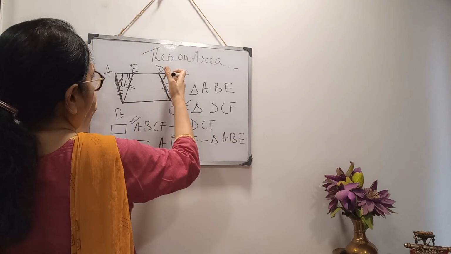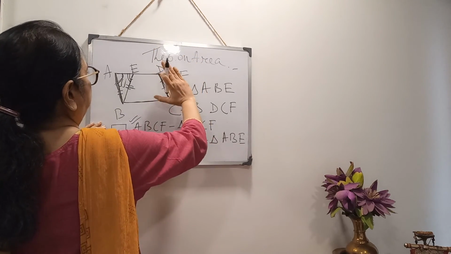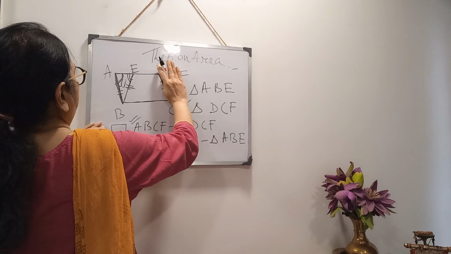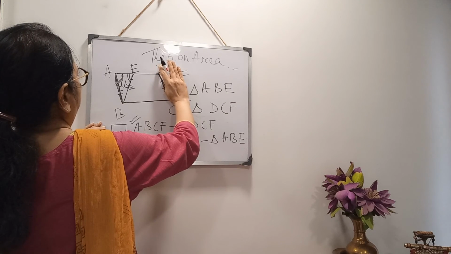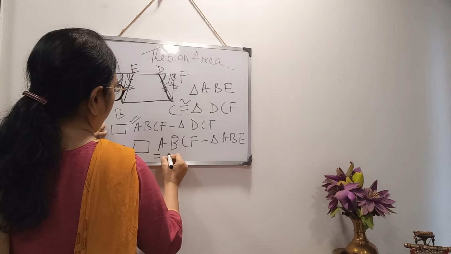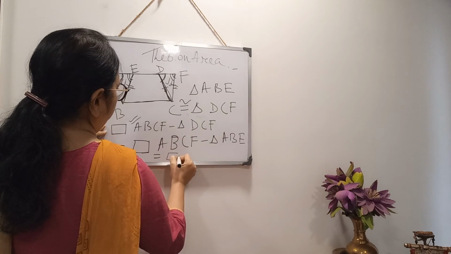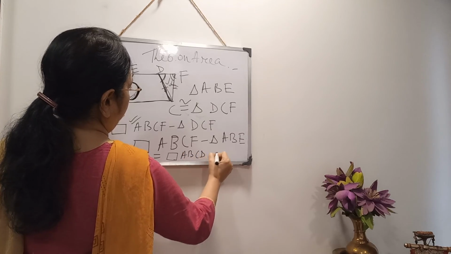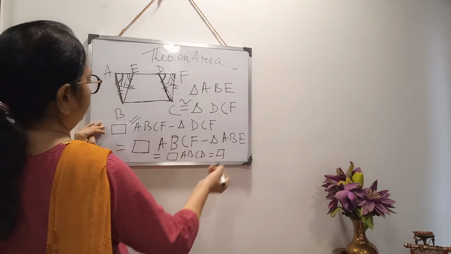Now left hand side, you see. From the whole quadrilateral, when you subtract this part, that part is not there. Then what are we getting? We are getting the parallelogram ABCD, and equals the right hand side.